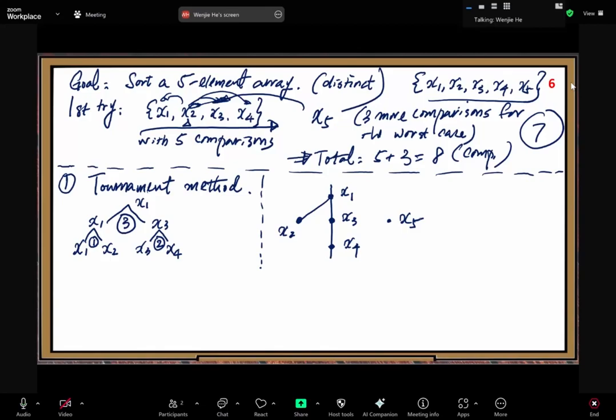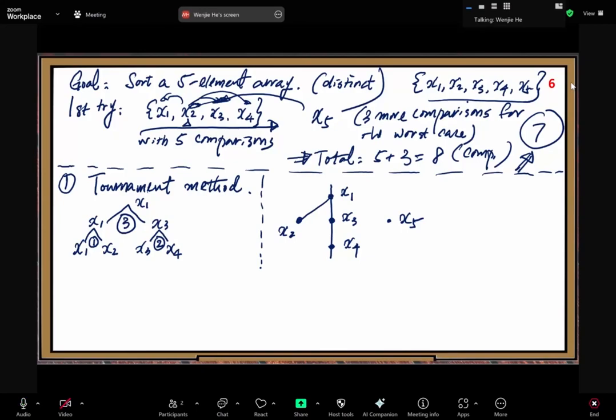Here we set our target: 7 comparisons. That's our target, our goal. That means we need 4 more comparisons. We cannot waste any of our comparisons. Just 4 more, and we should get it.